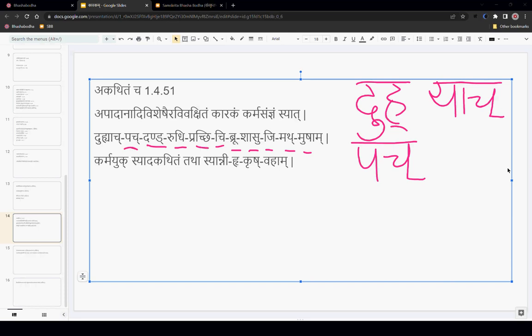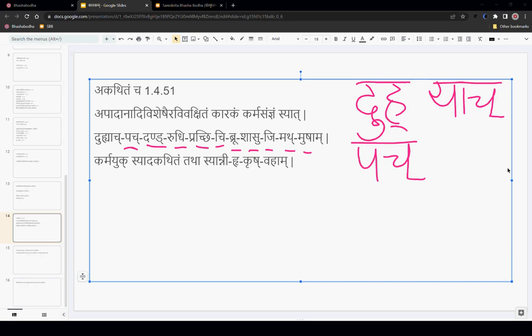So I can say aham tandulam pachami. In that example, tandulam is one karma padam, right? That's only one karma. Aham is the kartru padam. Tandulam is the karma padam. Pachami is the kriya padam.